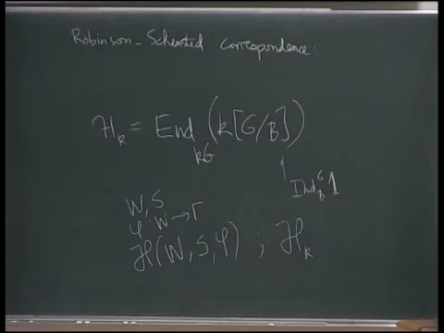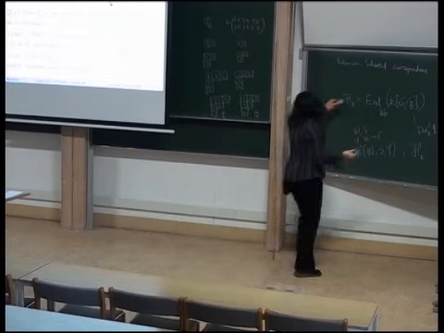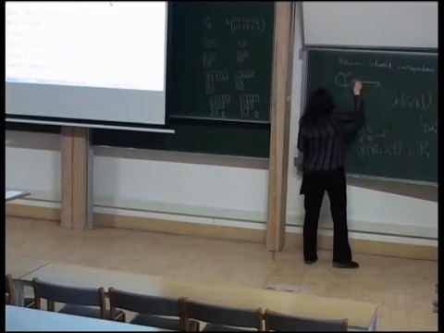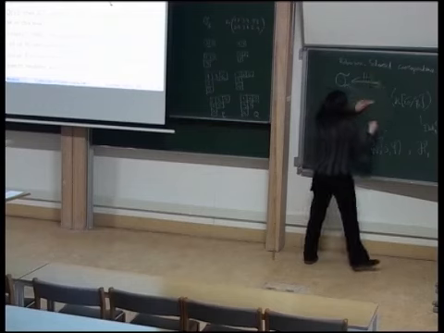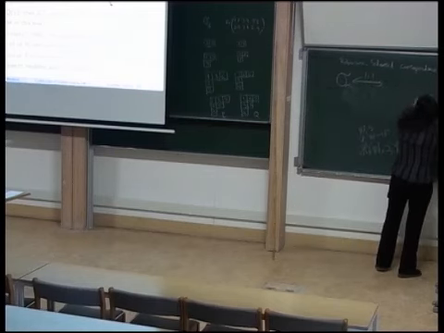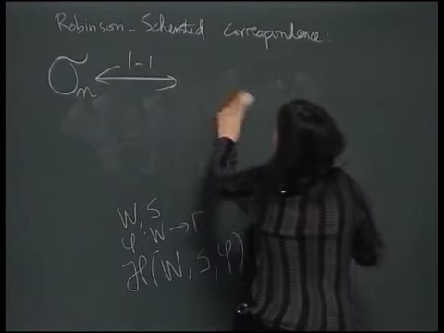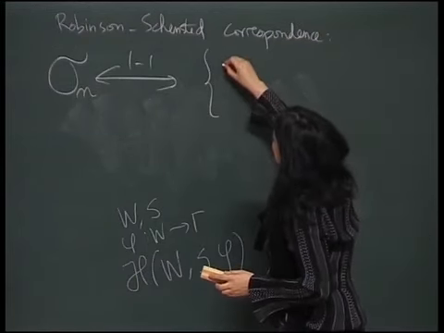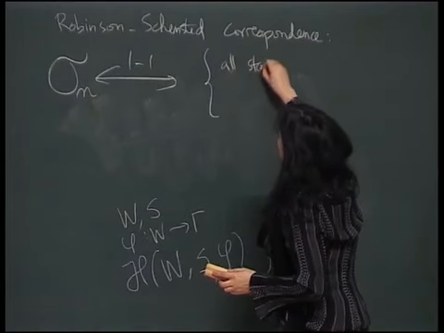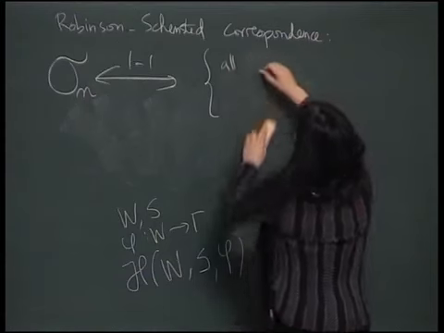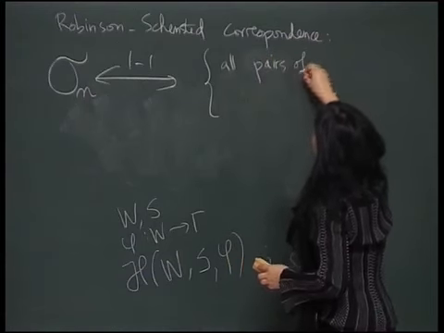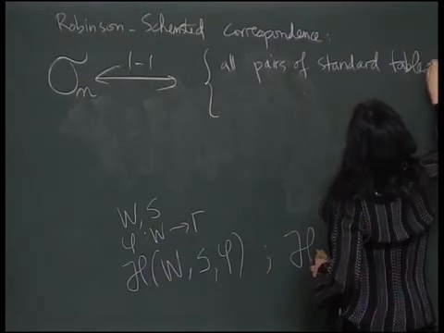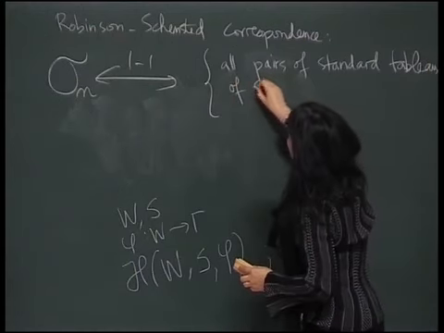It says that there's a one-to-one correspondence between the symmetric group on n letters and the set of all pairs of standard tableaux of the same shape.